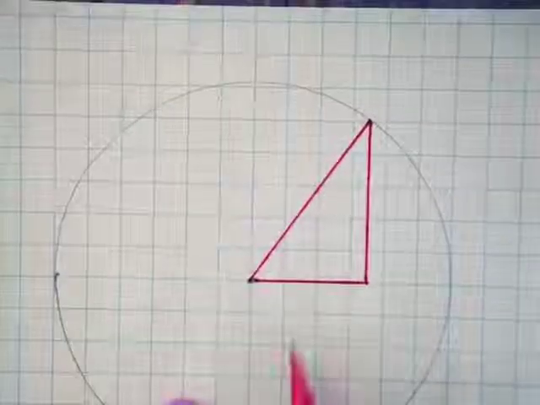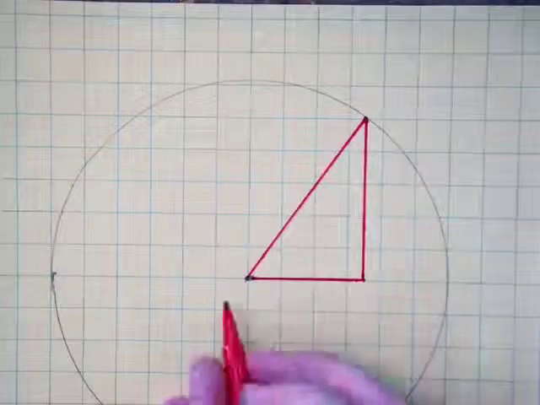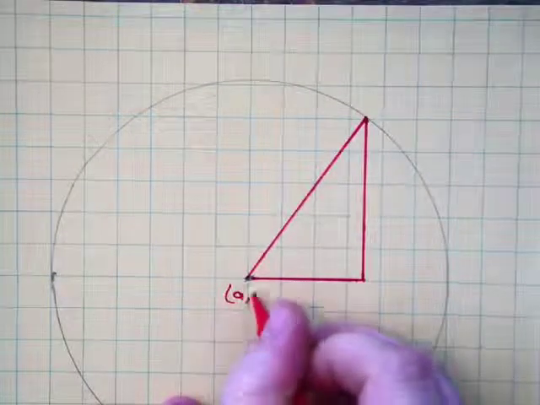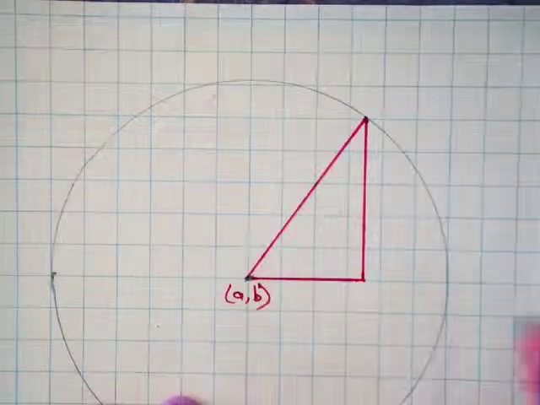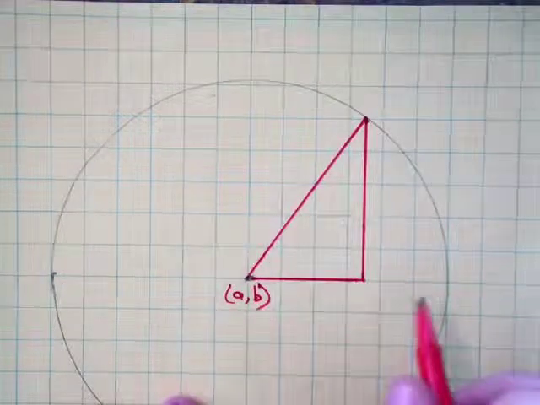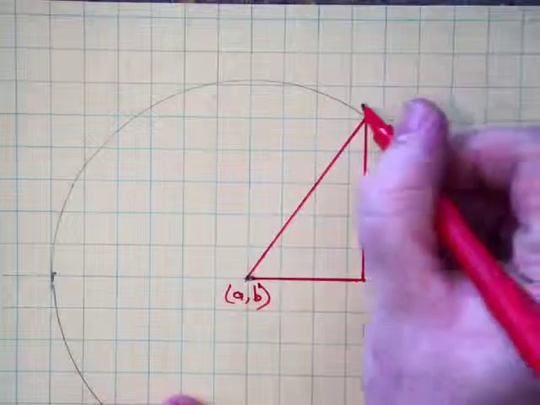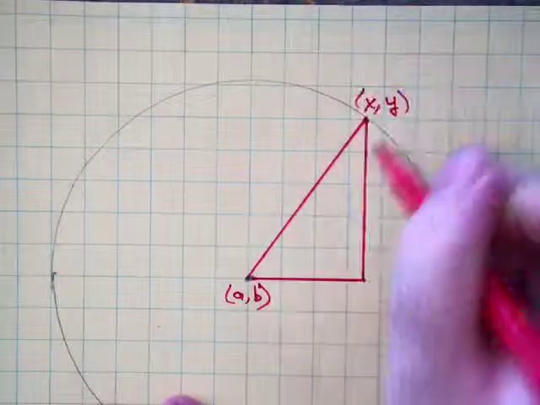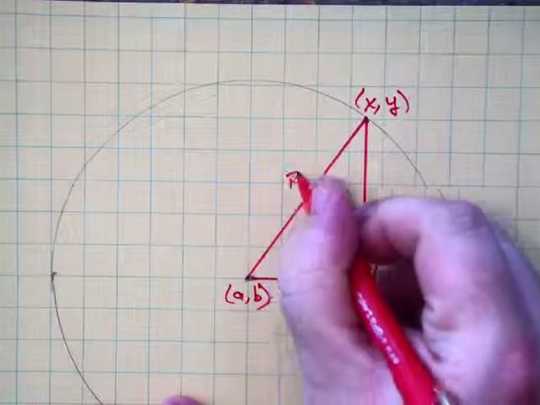So for example here, let's just say we have point A comma B, and we want to know how far it is to point X comma Y over here. So we want to know the radius.